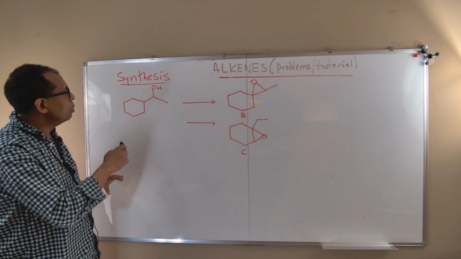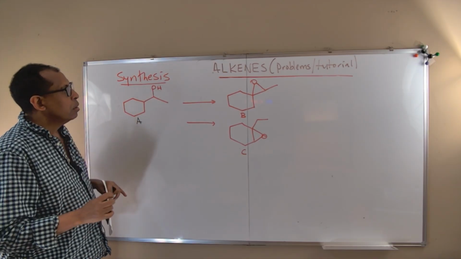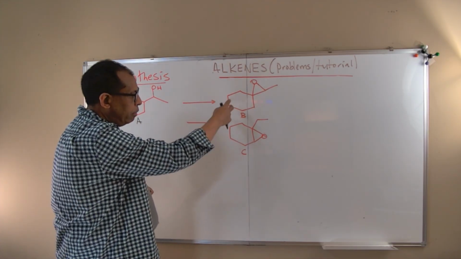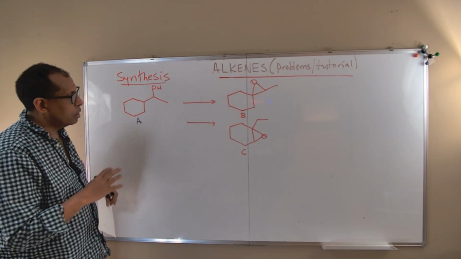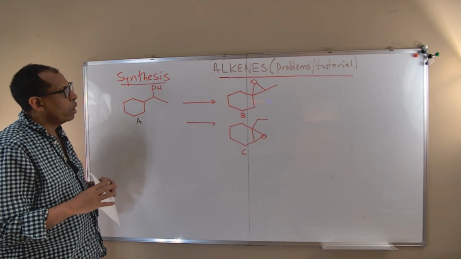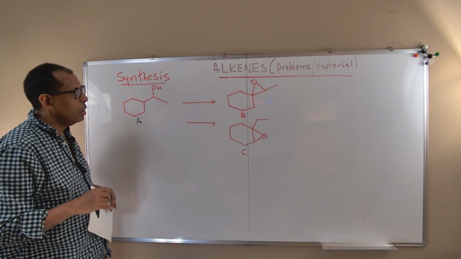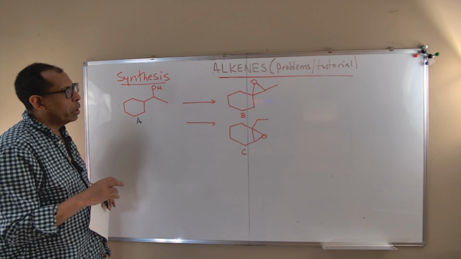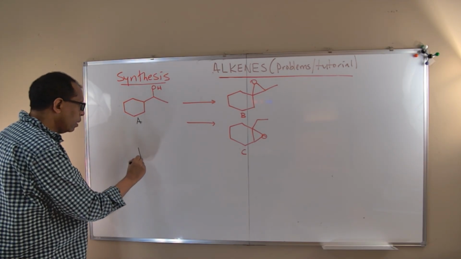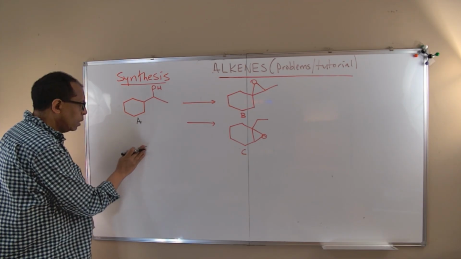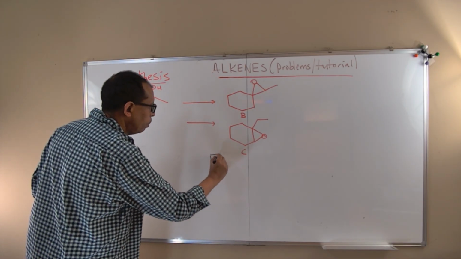So how do you synthesize from compound A, let's say, to make these 2 different compounds? So for this, the way we have to proceed, for example, if we were to do compound B, and if you want to do a retrosynthesis analysis of B, okay, let's say you have compound B here.